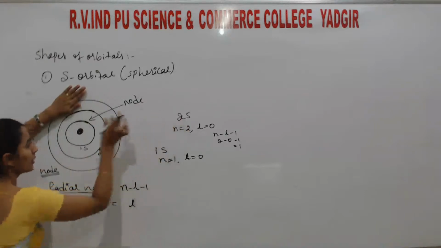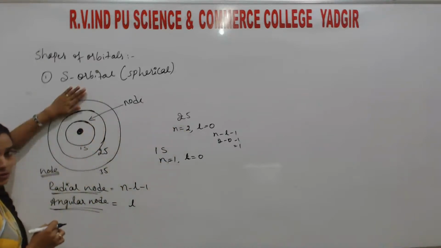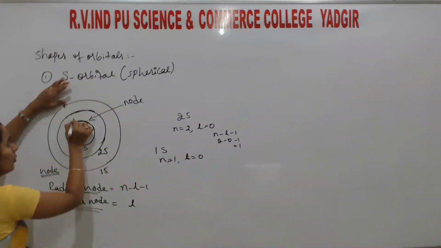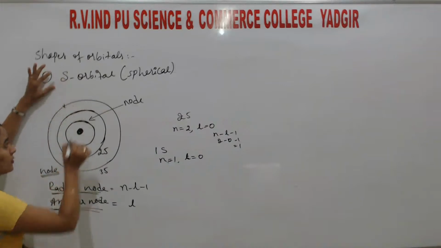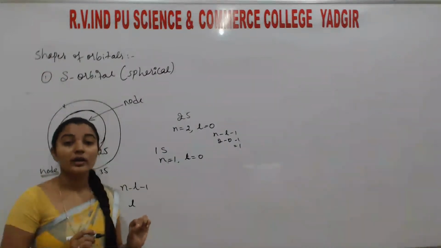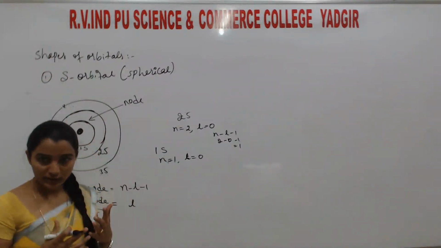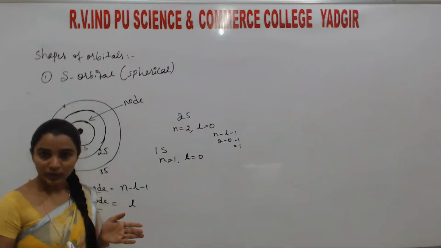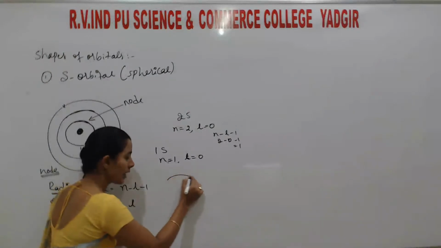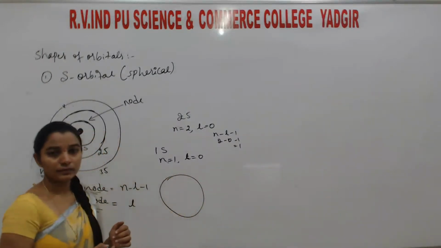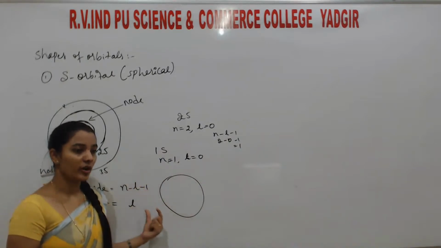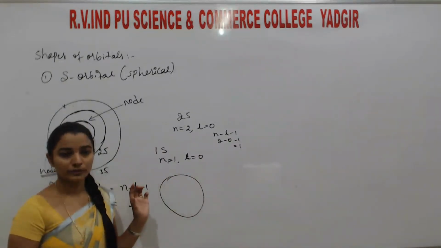So in the 2s orbital, the node is only 1. If we consider 3s, it is 2. 4s means 3. In between the shells, that is called the radial node. Why is it called radial node? When we cut the sphere, it exactly looks like a circle. Circle has a radius, hence it is called a radial node.